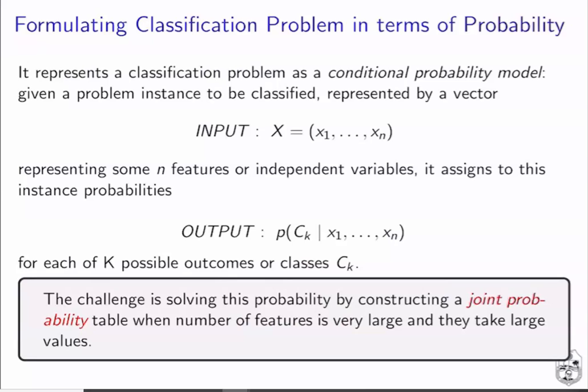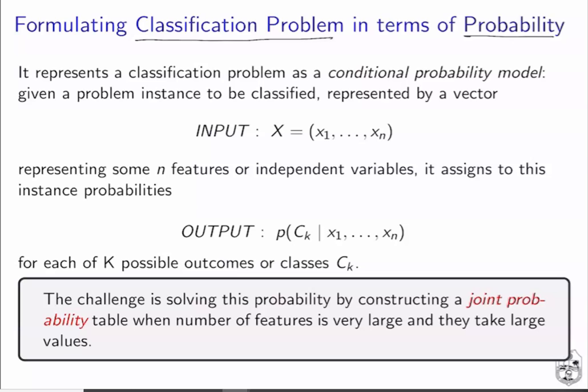Now, in the case of the naive Bayes classification algorithm, we need to represent the classification problem in terms of concepts from probability. To do that, we use the input.